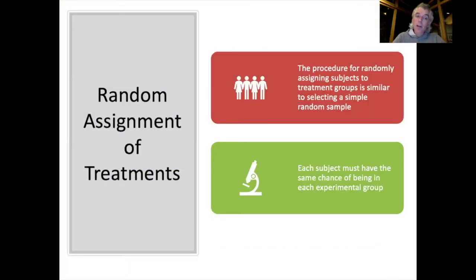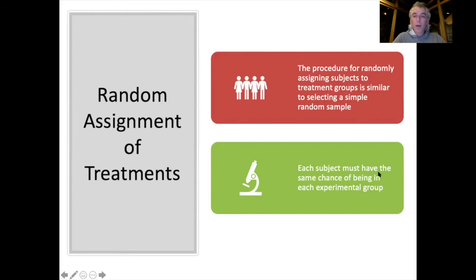In an experiment, we need to use the same types of approaches that we used for determining which subjects were going to be included in our statistical sample. But in this case, we need the same approaches to determine which individuals will be part of which experimental treatment group. The important point being that each subject in our experiment needs to have the same chance of being included in each experimental group.